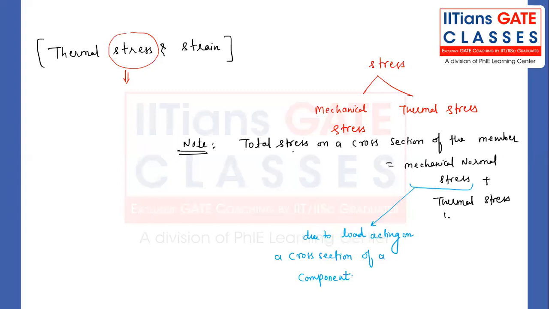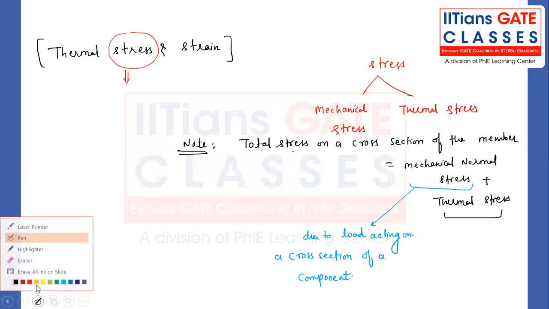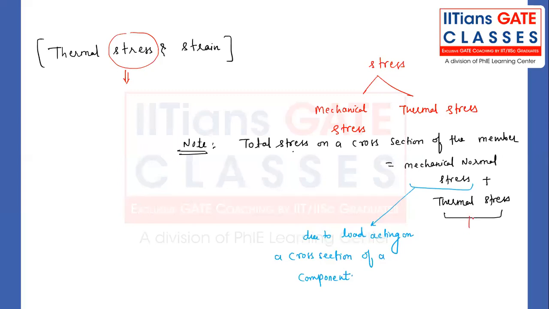So what about the thermal stress? Sir, what about the thermal stress? That is what we have to discuss. See, suppose you have taken any body and you are applying the load at a temperature, let's say 25 degrees centigrade, that is the surrounding temperature, like in a particular laboratory where you are maintaining the temperature at 25 degrees centigrade.